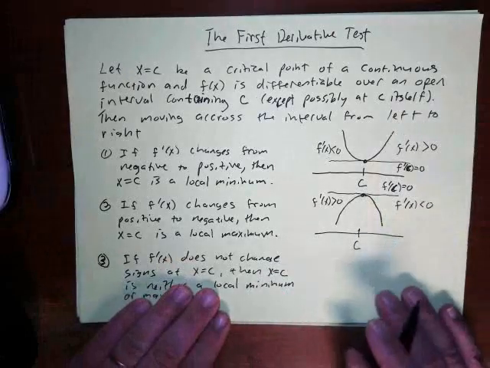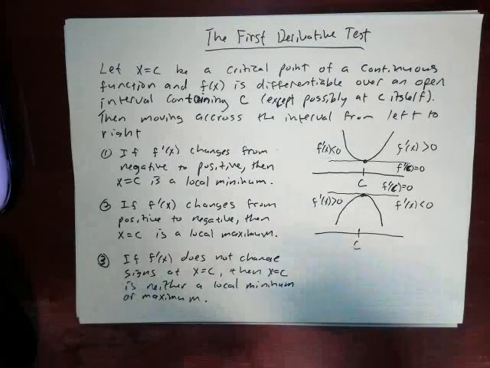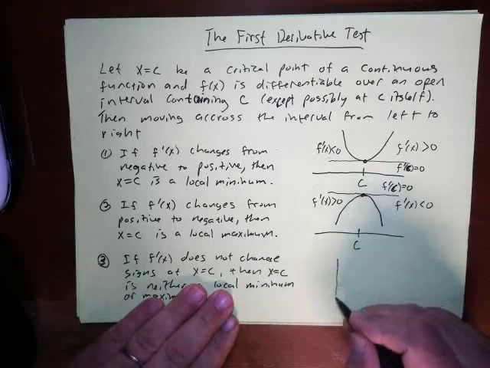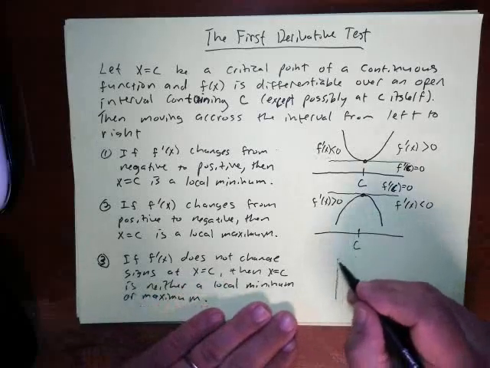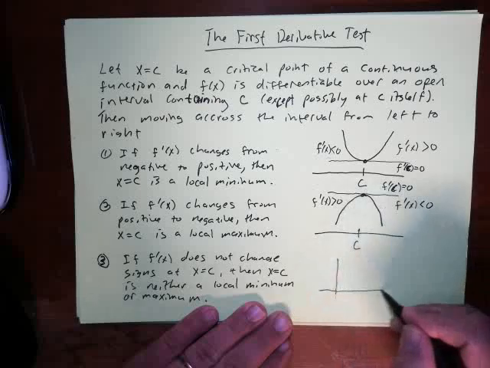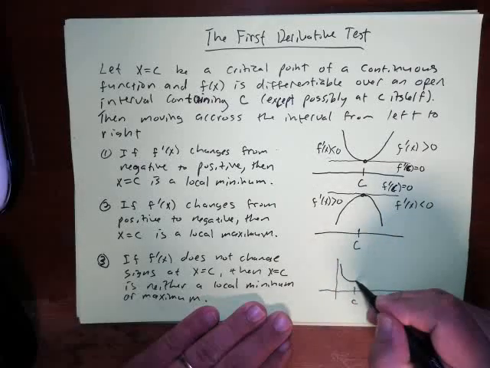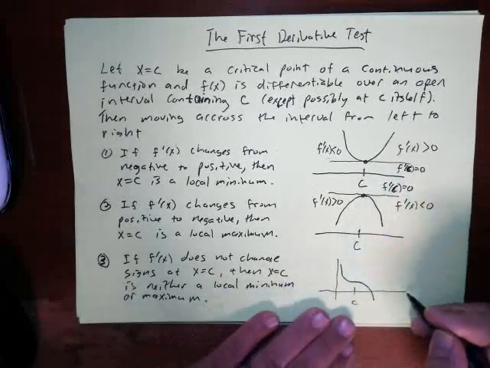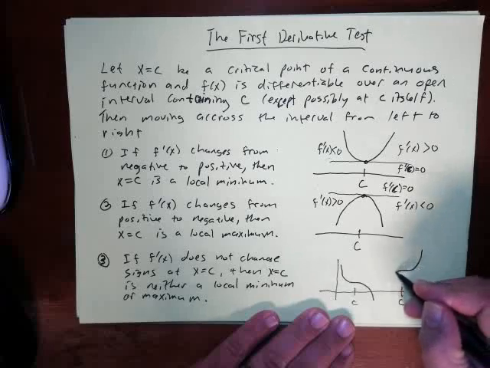The third thing says if it does not change signs at x equals c, then it's neither a min nor a max. If this is c, it'll be something like that, or possibly something like this.